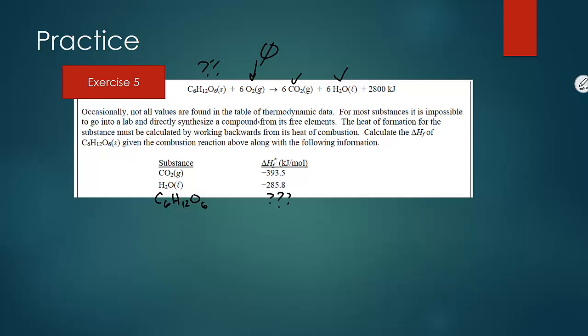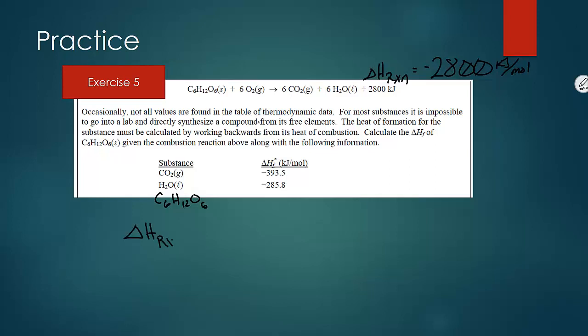So we need to figure that out. We do have what the enthalpy of the reaction is. The enthalpy of the reaction is a negative 2,800 kilojoules for each mole of reaction, right? It's a negative because that energy is part of the products.